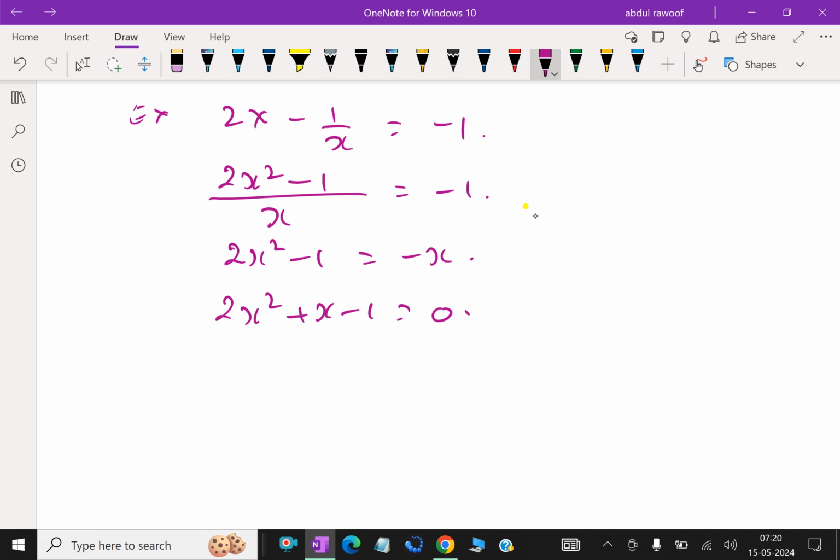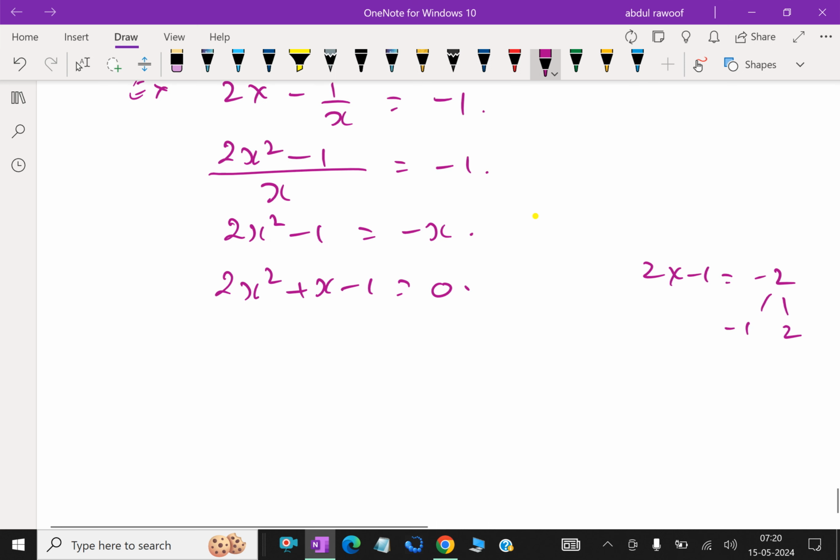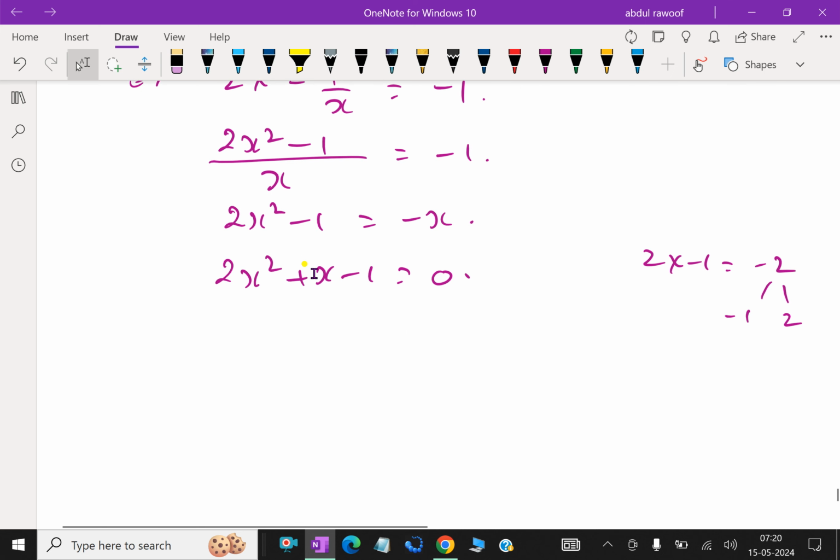Then 2 into minus 1, the last term, is minus 2. Splitting the last term: 1 into 2, minus 1 plus 2. Minus 1 plus 2 is 1, the middle coefficient. That is 2x squared minus x plus 2x minus 1. The middle term x is split as minus x plus 2x equal to 0.